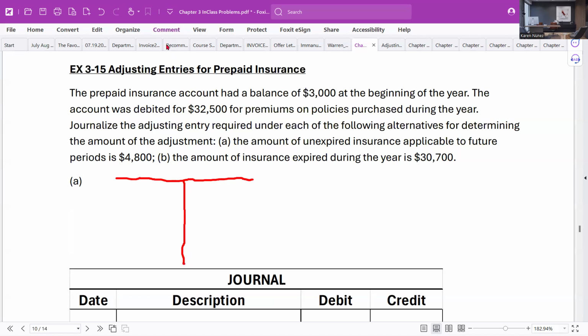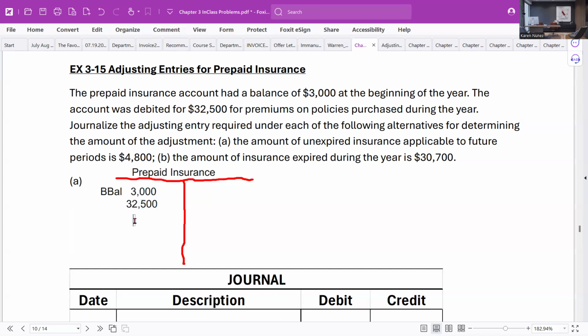So we have this prepaid insurance account, and in this account, we have a beginning balance. We're told that it's got a balance of $3,000. And then they debited in another $32,500.